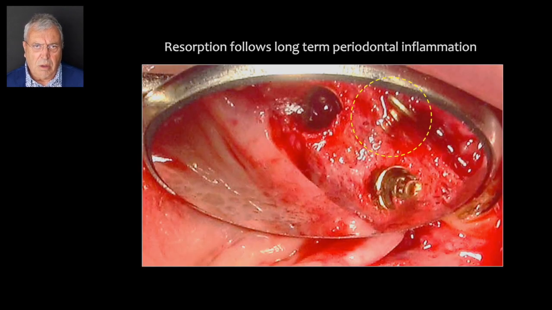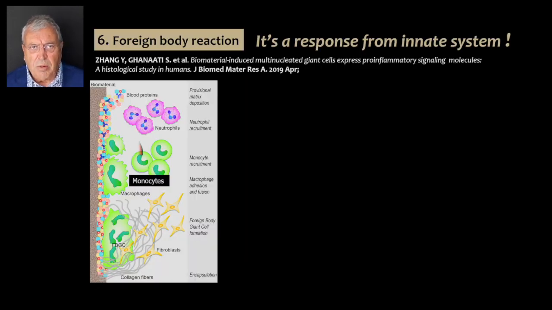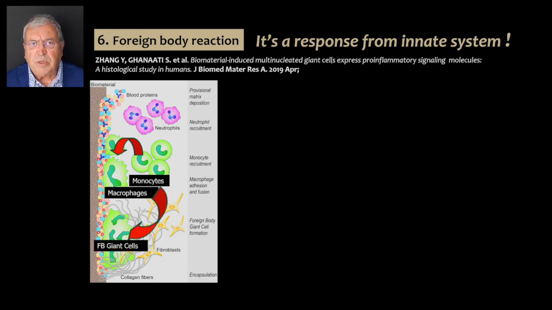Look, a screw was placed to make a screw tenting, but if the soft tissue is inflammatory, the resorption will occur. We place a biomaterial and we can meet a foreign body reaction. It's a response from the innate system.